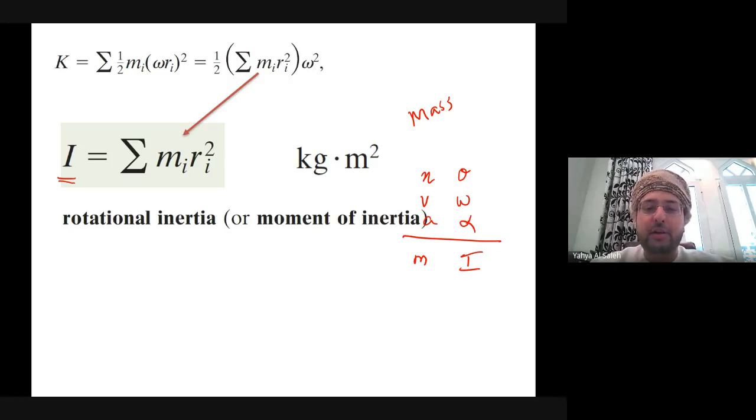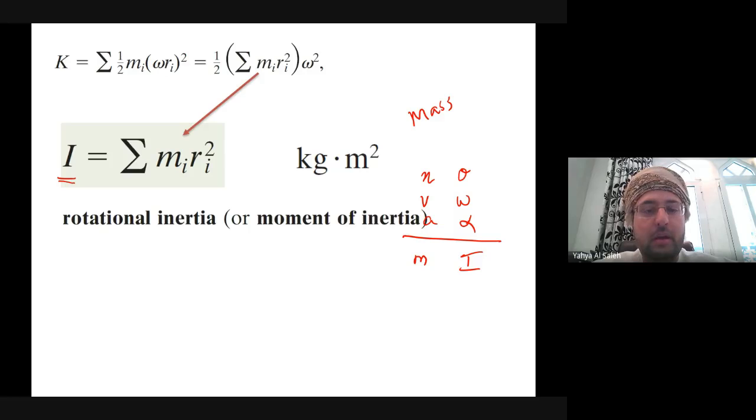The moment of inertia, or just in short, inertia, is the closest thing to mass that is possible when dealing with rotation. So just like heavier objects with more mass are more difficult to push, objects with a higher I are more difficult to rotate.